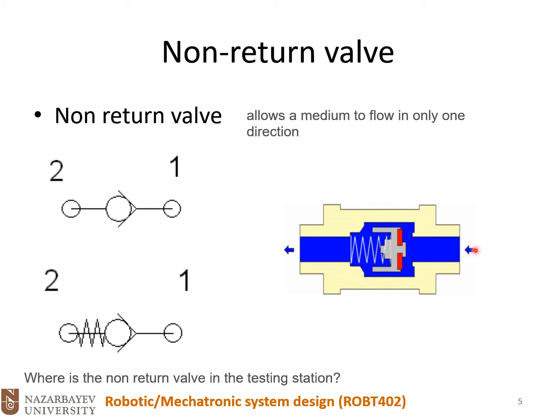Once the air flows from right to left, it will push this plug away, and the air could flow freely. Once the air wants to flow backward, from left to right, the air itself and the spring both will close the pathway, and it will block the pathway.